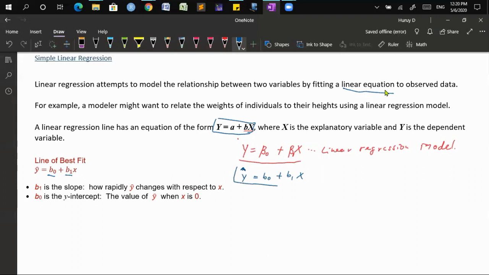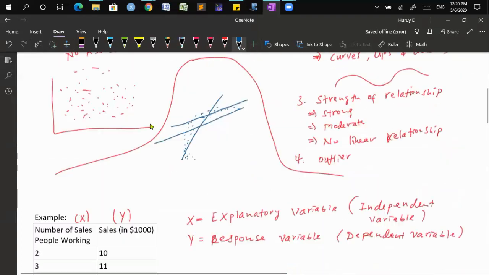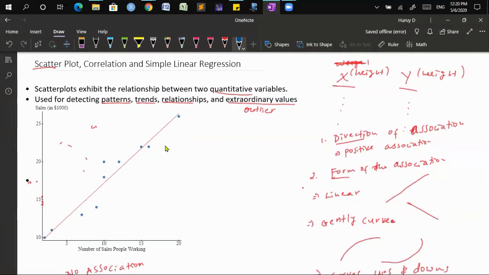This is the model, or the linear equation, that we create from our data. And we will see how to create those values. So basically, this is an equation of this line.